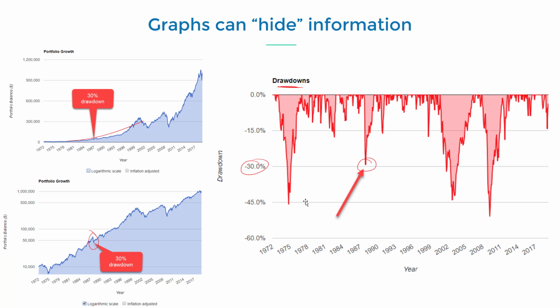It's 30%. What's this? 45%. And so on and so on. Okay? So, drawdown graphs should become your new friend if you want to get an easy visual representation of what the risk is in that particular portfolio, as opposed to equity graphs that can very easily hide information.